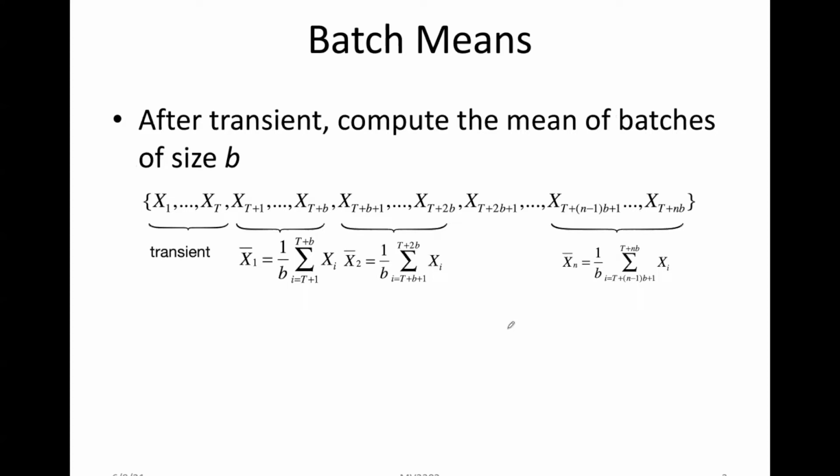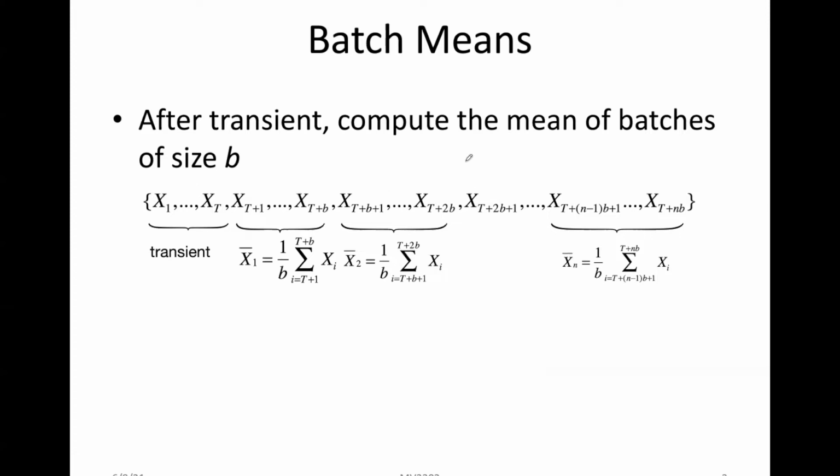So mathematically, it looks something like this. These X's would be the raw data. Now I'm just going to do this for tally data. We can do all this for time varying data, but this time we're not.